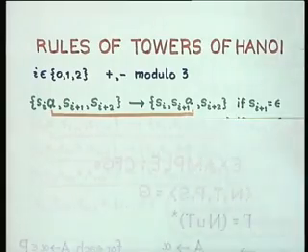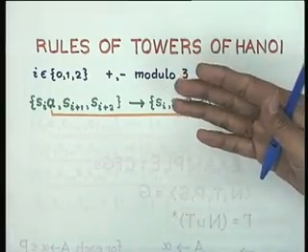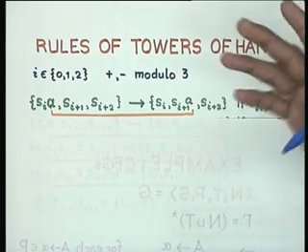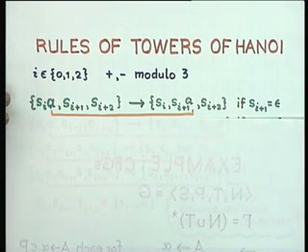There are specifications about what an initial configuration is and what a terminal configuration is, but that is part of the problem, and it is beyond the actual notion of a transition. So regardless of what this i is, regardless of what order the towers are placed, I can specify this rule.